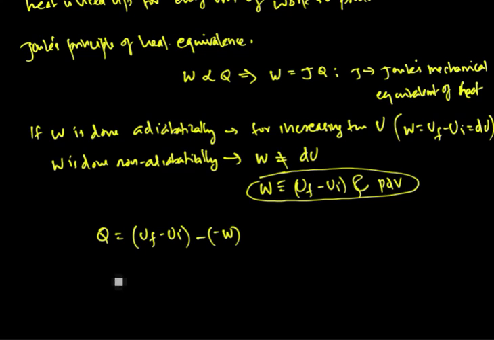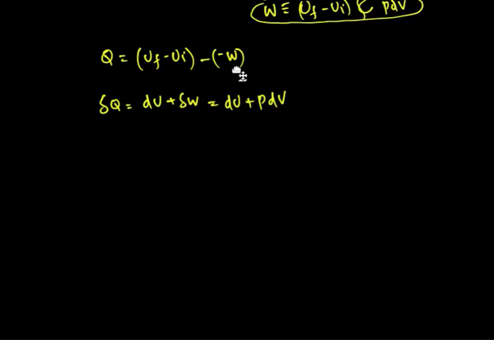In differential form, this equation can be written as del Q is equal to dU plus del W, where del W is the external work done, which is equal to PdV. So this is the mathematical statement of the first law of thermodynamics.